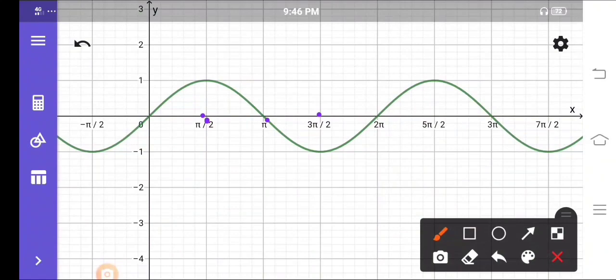Or 90 degrees is equivalent to pi over 2, plus 90 degrees, that's 180 degrees, or pi, plus 90 degrees is 270 degrees, or 3 pi over 2. Then plus 90, that's 2 pi, or 360 degrees.